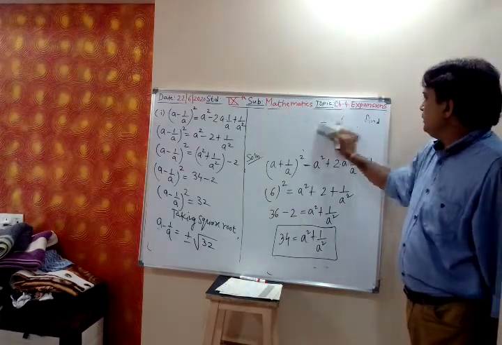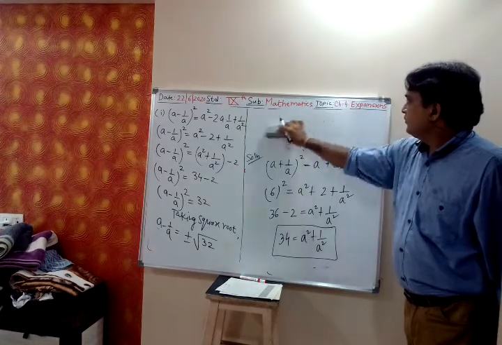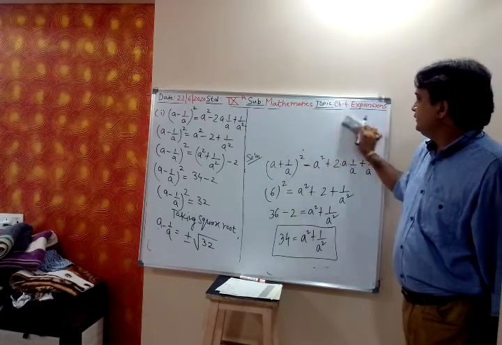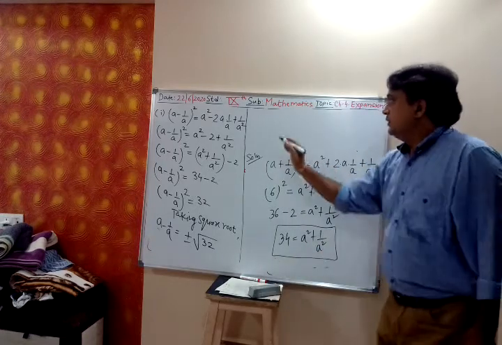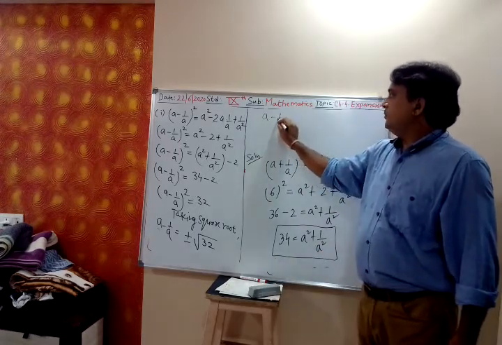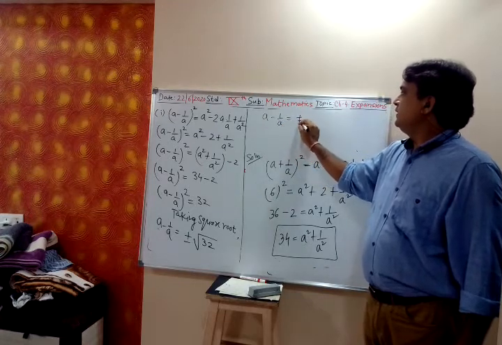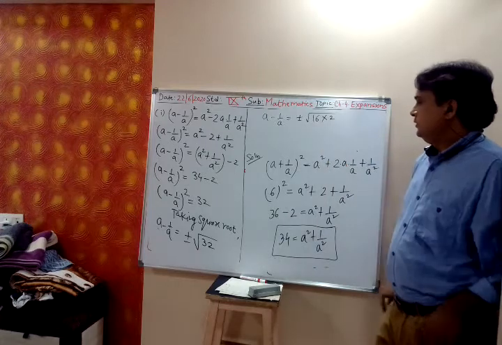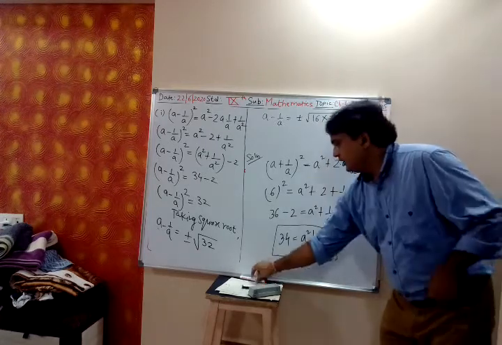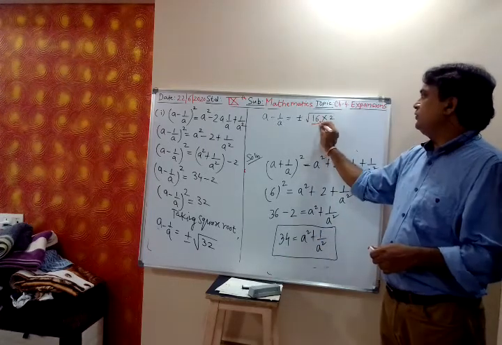What can you write for root 32? I can write 16 into 2, and this 16 I will take outside the square root.